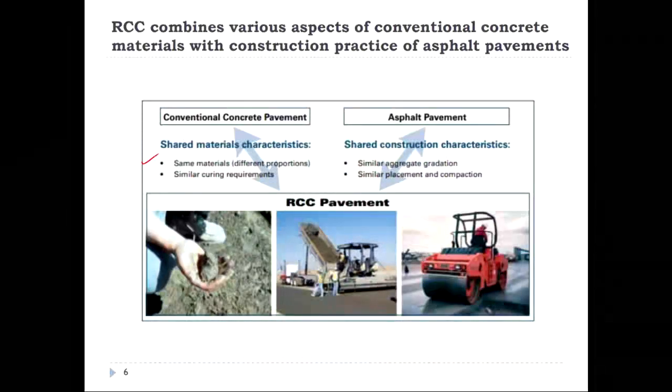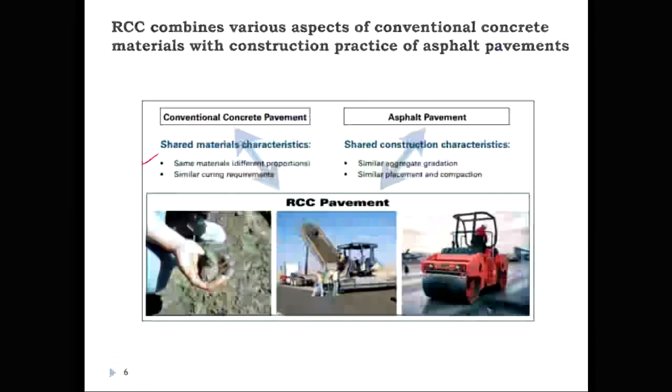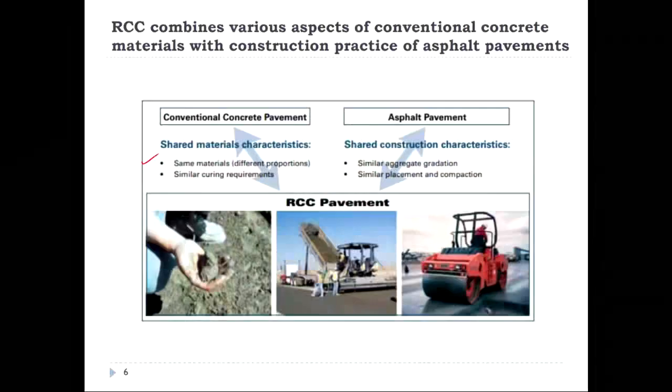Another common similarity is that the placement and compaction characteristics of these two mixtures are the same. So you will find conventional asphalt pavers being used for laying RCC pavements, and you will also find the traditional roller compactors, either static or vibratory compactors, being used for compacting these mixes.